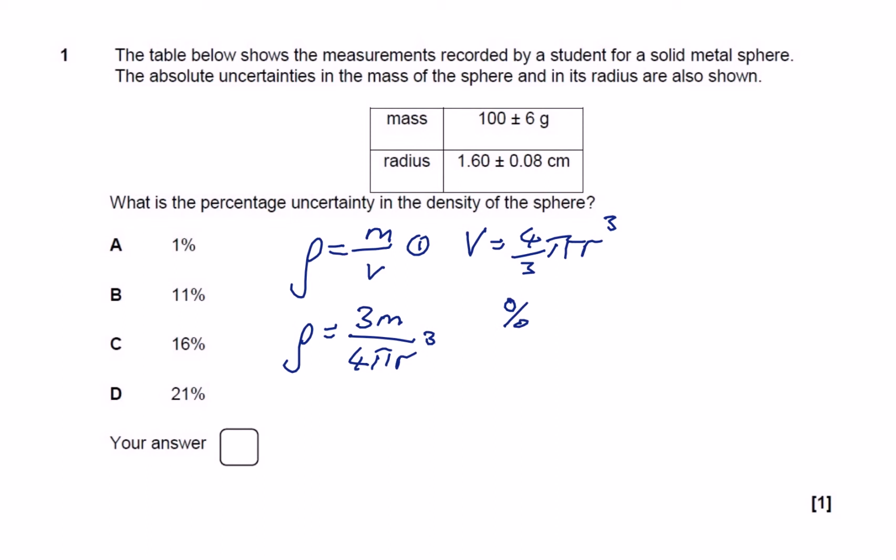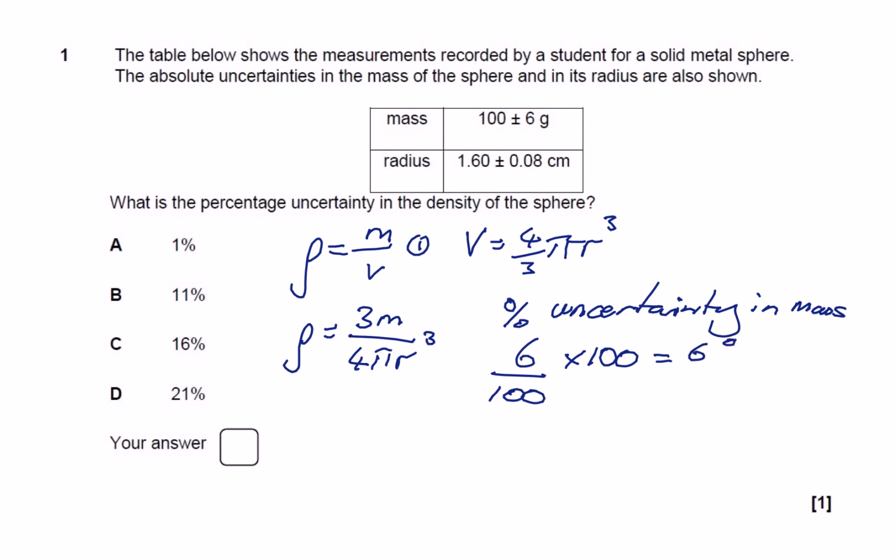So percentage uncertainty in mass. What we need to know now is, what is 6 grams as a percentage of the actual measurement of 100 grams, and that's quite clearly 6 over 100 multiplied by 100, giving me 6%.